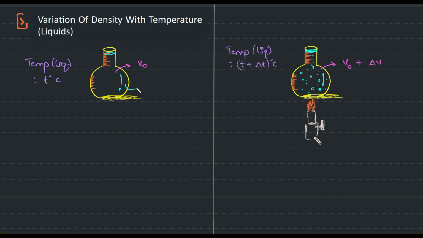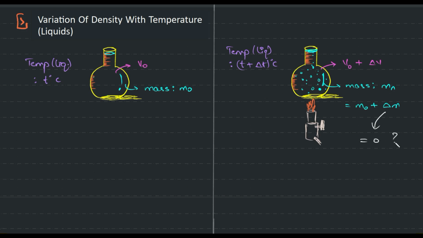Now the question is, if my mass is m naught over here and the mass over here is m nu, that is nothing but m naught plus delta m, what kind of value will delta m take? Will it be a positive value or negative value? Actually neither. It's equal to 0.